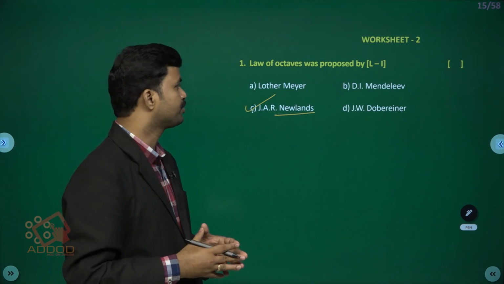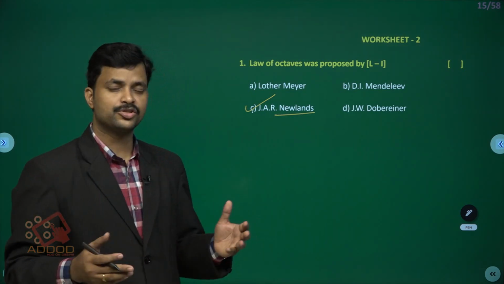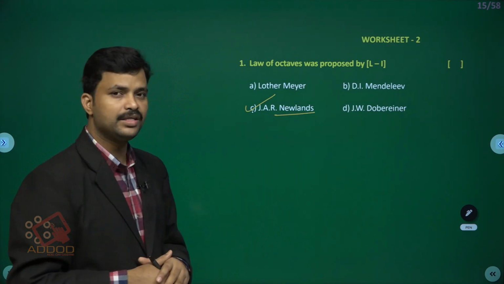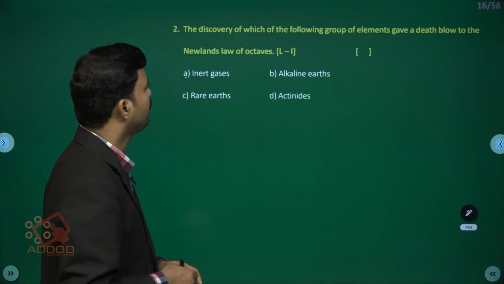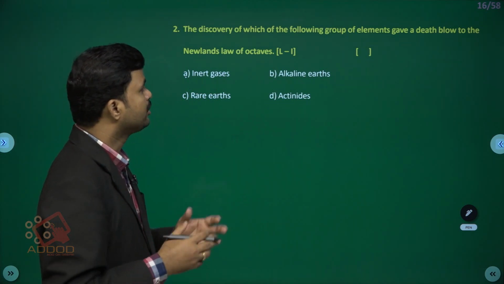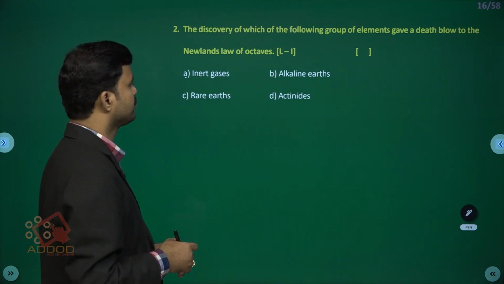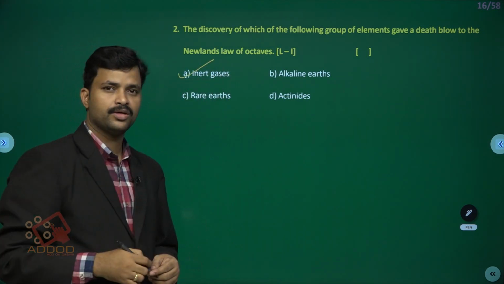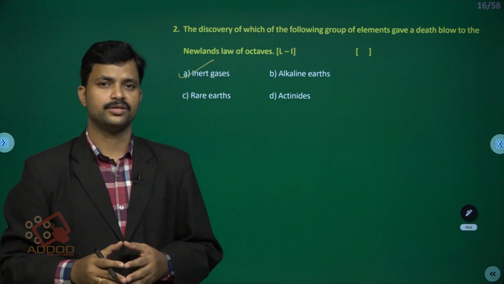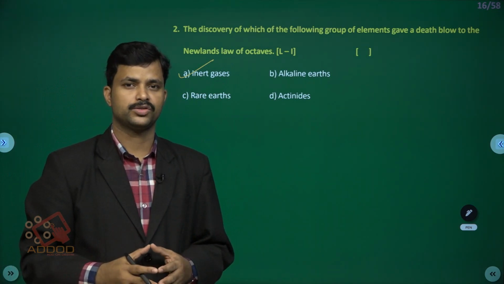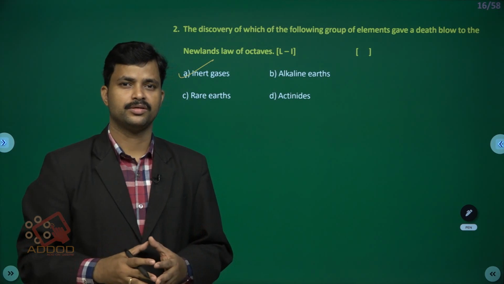But this is also rejected because many elements were not covered, and it is only successful up to calcium. Above calcium, no validity. The discovery of which of the following group of elements gave a death blow to Newlands' octaves? Yes, inert gases. When the inert gases were discovered, sodium was no longer the eighth element, sodium became the ninth element.